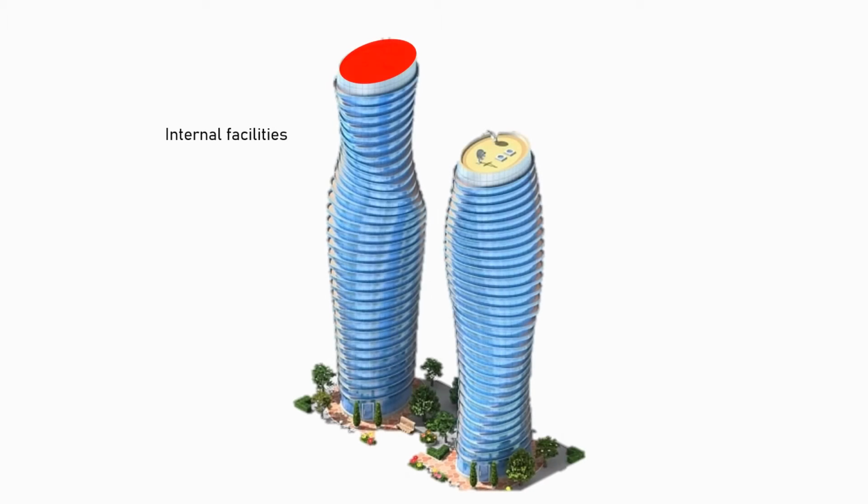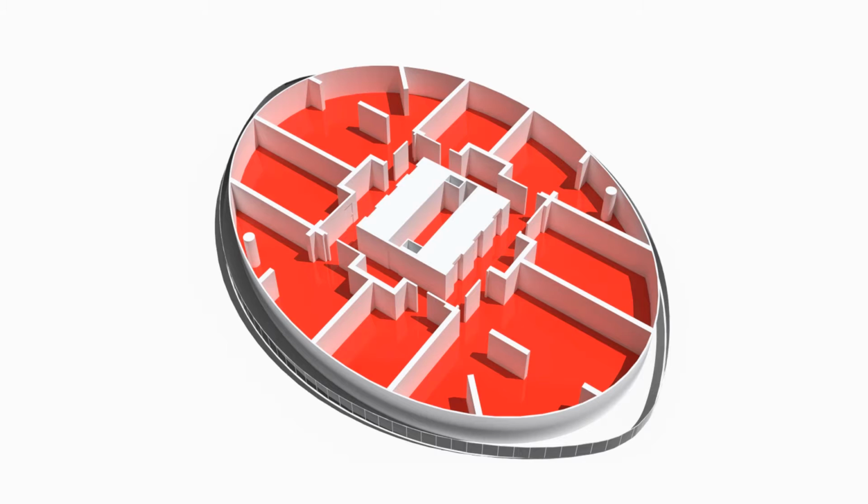Before starting our presentation, let me remind you of last week's presentation briefly. First, we presented the internal facilities of the Absolute World Towers. In detail, we informed you of the space arrangement of one sample floor and how the architects divided the internal facilities.